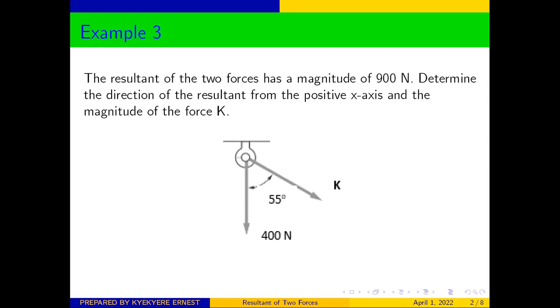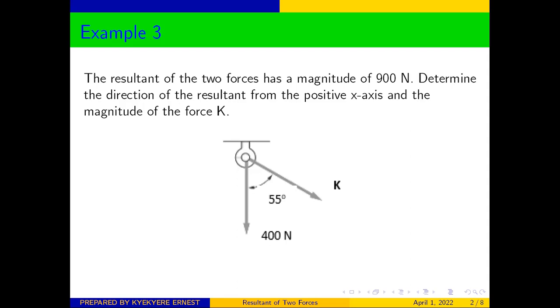Don't forget that you have already established the fact that anytime you are given two concurrent forces acting on an object and you are asked to find the resultant, you can either use the method of summing components, that is resolving the individual forces to the x component and to the y component, and then finding the resultant, or you can use the law of parallelogram in addition with the triangle rule.